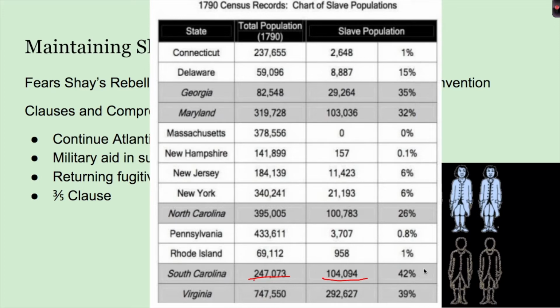They're considered property for the southern slave owners. But in this situation, they wanted to count them as people so that they could get more representatives. So they wanted to use the 247,000 people, including the slaves, to figure out how many representatives they had, and not subtract the 104,000 and only use the population of those who would possibly be able to vote. So they had to come up with a compromise.